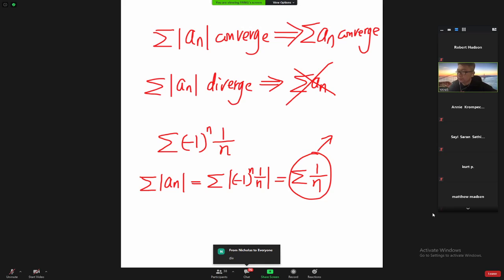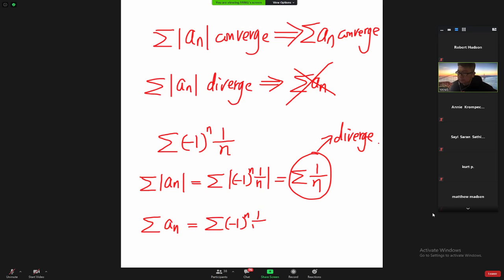Diverge, the harmonic series, right? But what about this one? Does this one converge or diverge? No, you could tell. Do not justify that it diverges. Why?